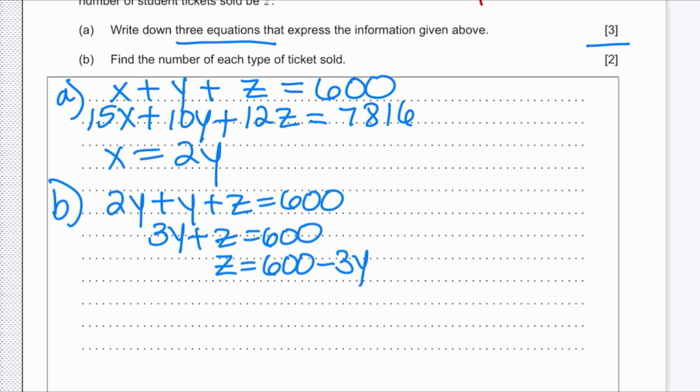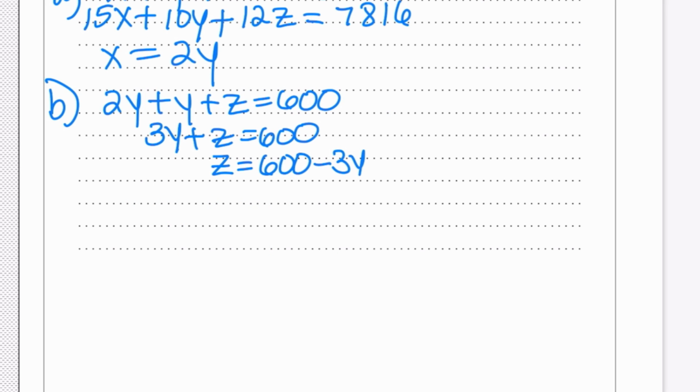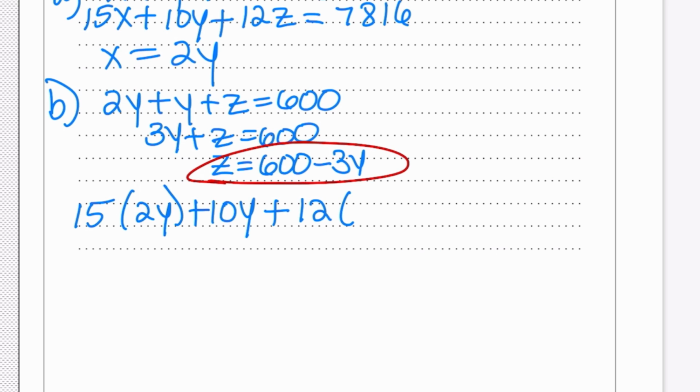Now I'm going to take the other equation and I'm going to substitute into this equation. So I have 15 times x, but remember that x is equal to 2y. So I have 15 times 2y plus 10 times y plus 12 times z. But z, if you remember, we just found out, is 600 minus 3y.